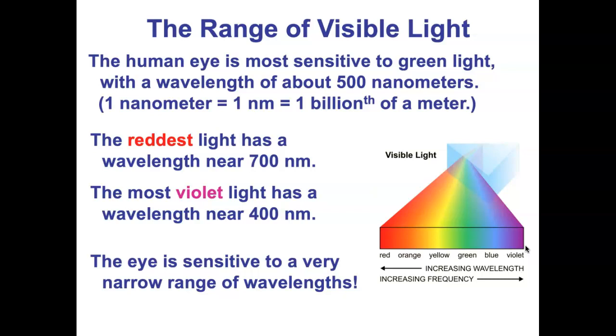But of course, you wouldn't want to measure the wavelength of visible light in meters, because it would be like 5 times 10 to the negative 7 meters, which becomes annoying at some point. So we're just going to use a metric prefix here. We're going to say nanometers. So the light that we can see is a few hundred nanometers, a few hundred billionths of a meter.